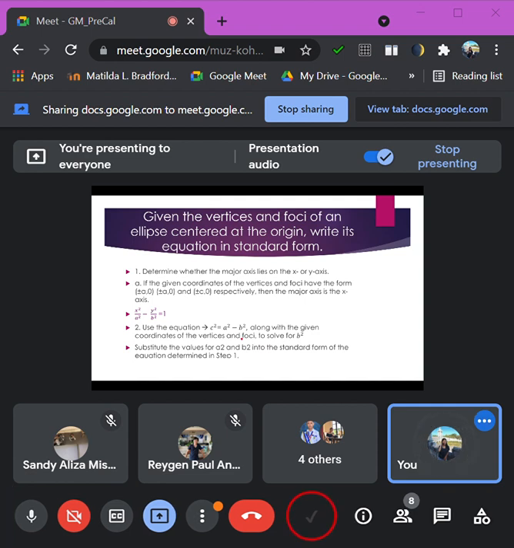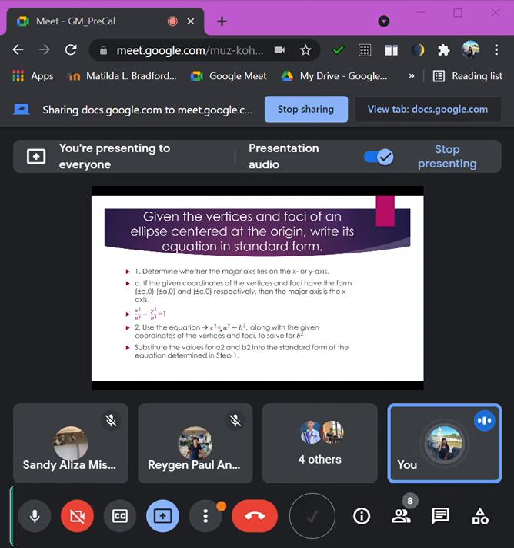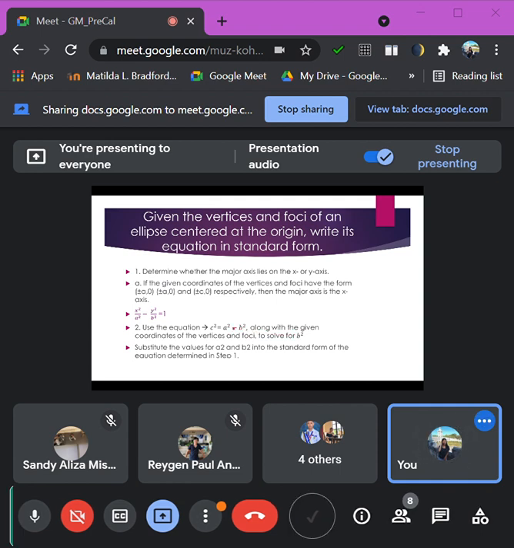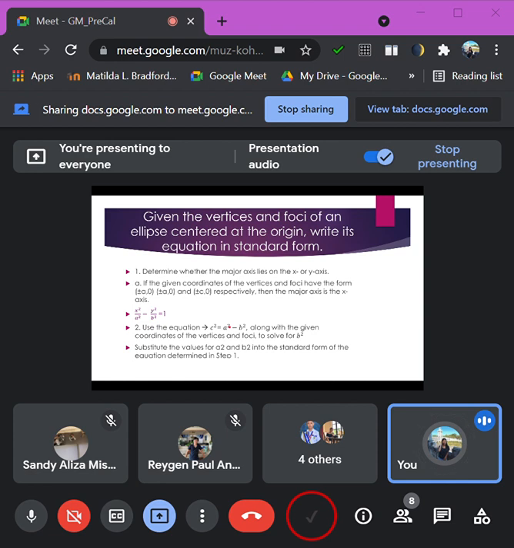Okay, actually same ra na sila if ato siyang i-transpose on the left side, ang mahitabo na c squared plus b squared is equals to a squared. Okay, so you're gonna use ang mga transpose, along with the given coordinates of the vertices and foci to solve the b squared. But if maglibog mo ani class, you can still use katong a squared is equals to b squared plus c squared.